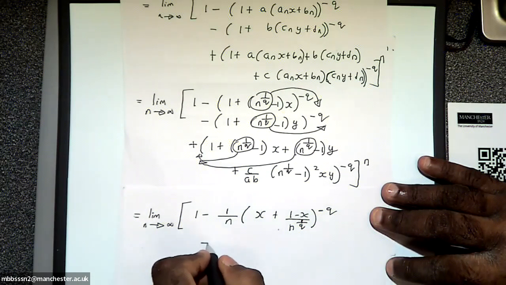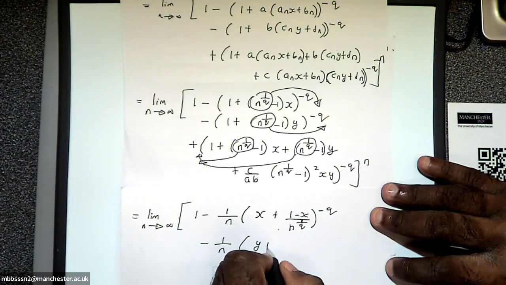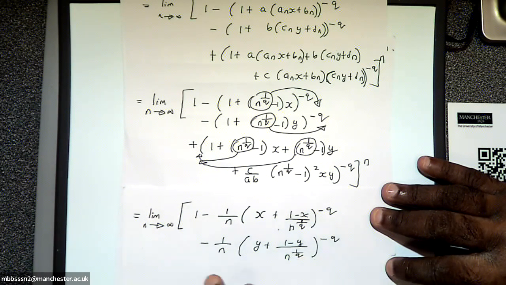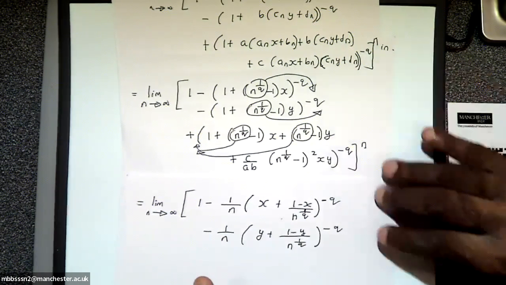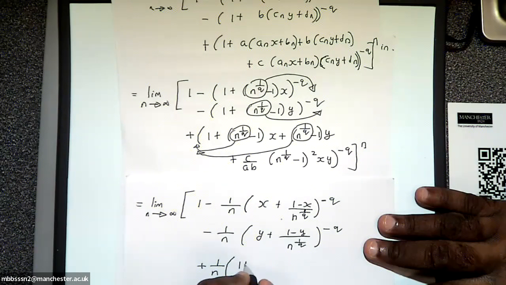Okay, and then you have 1 over n, can you see this here, times y plus 1 minus y divided by this to the power minus q. And then in the third term, or the fourth term, you will have plus 1 over n times 1 over n over this.